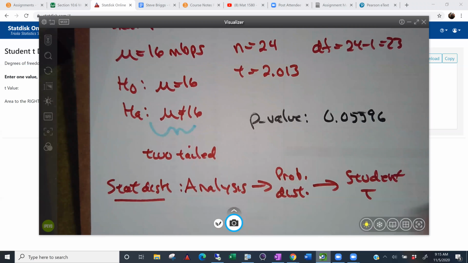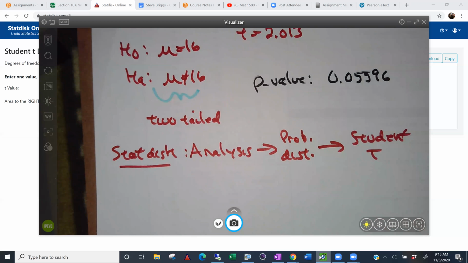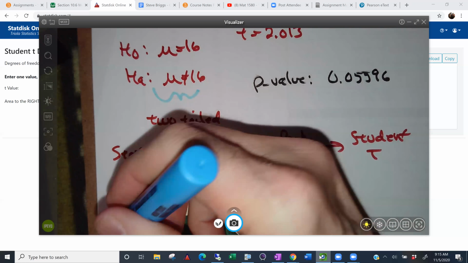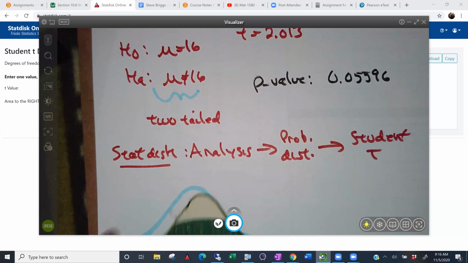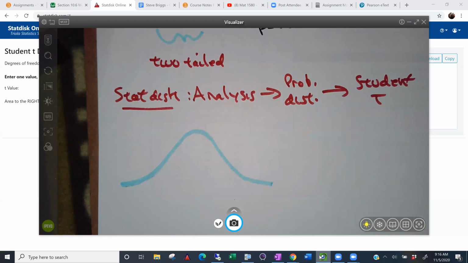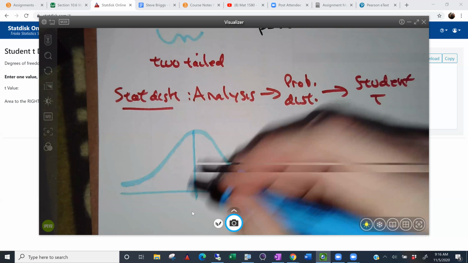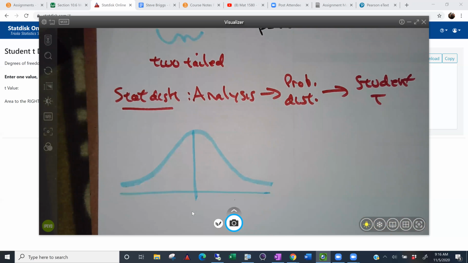And what that represents is the area in that distribution in the two tails. So if you were to draw it, let me just draw a quick distribution here. And you might notice that all my z and t distributions kind of look the same. What you're getting is the area in both tails.